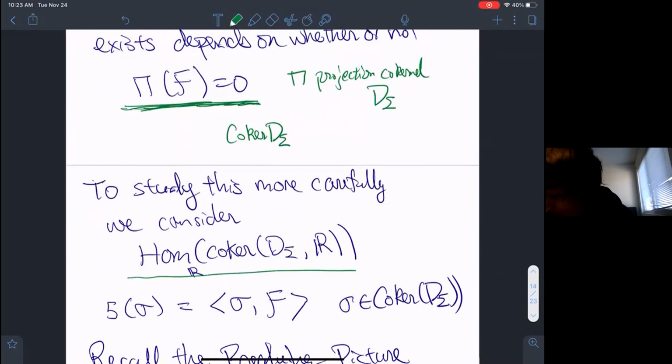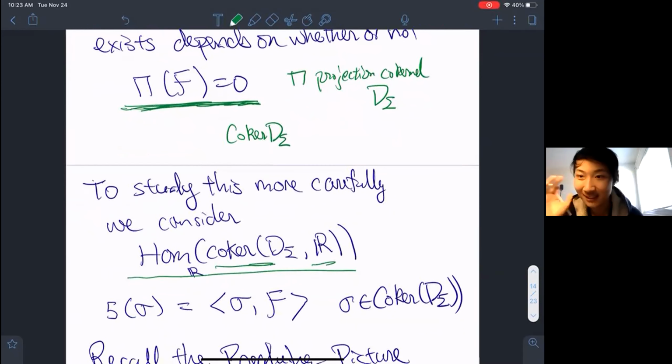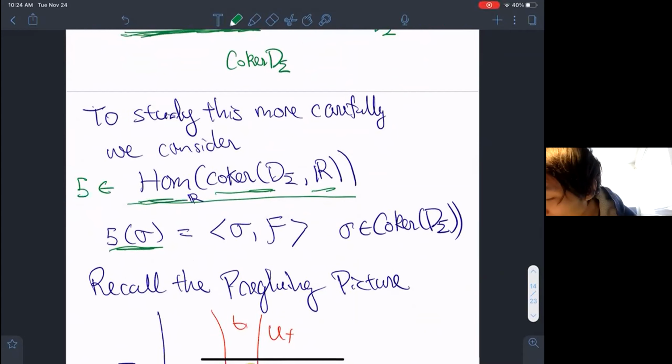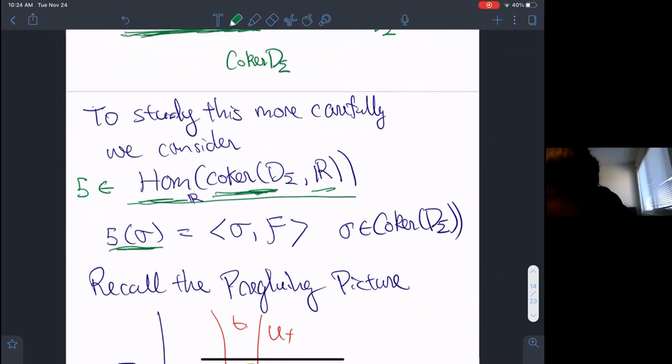It's a Hom space from the co-kernel to R. As a vector space, this is exactly the same space. And I'm going to define an element S of this space. What it does is it eats an element in the co-kernel and pairs it with F. This pairing is the L2 pairing over the pre-glued curve.